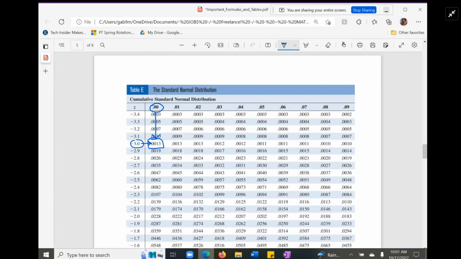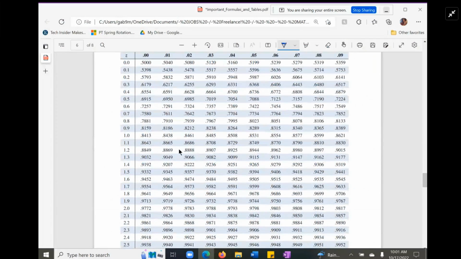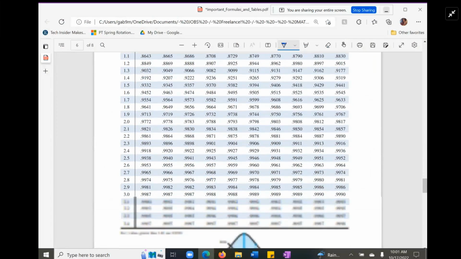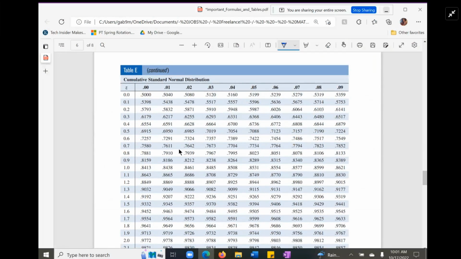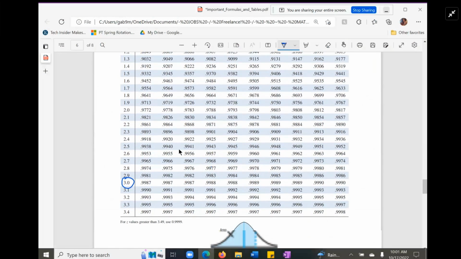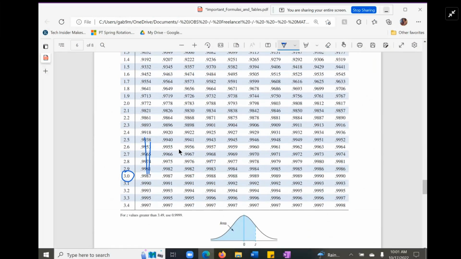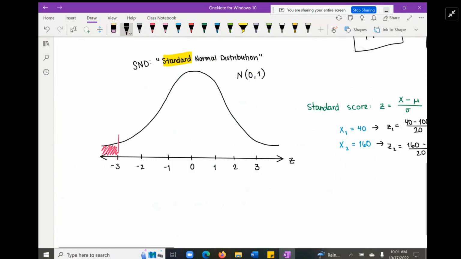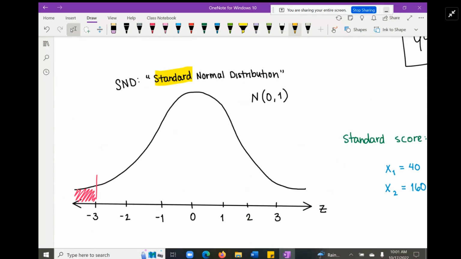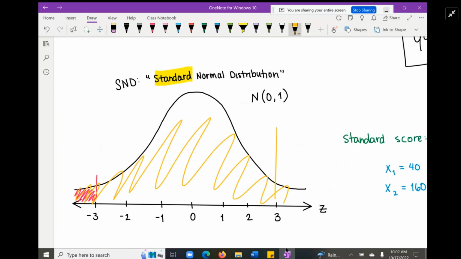Okay, so now we're going to go to the right side and look for 3.0. Way down here, and you notice that the 00 for the hundredths place is in the next column over. Where they cross here, we get 0.9987. On our chart, that's the area going up to 3.